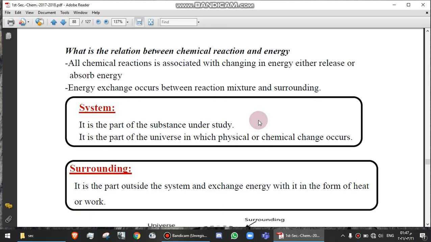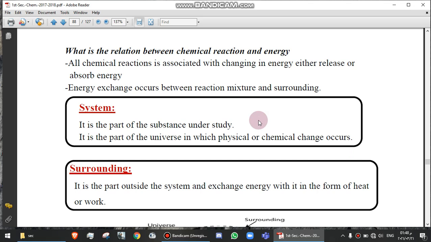When a chemical reaction occurs, the reactants are called the system, and outside the reaction is called the surrounding. So what is the meaning of system? It is the part of the substance under study, or the part of the universe in which physical or chemical change occurs.